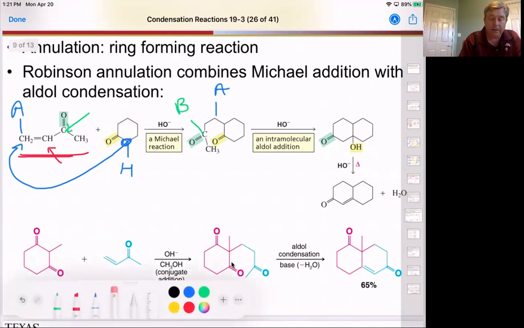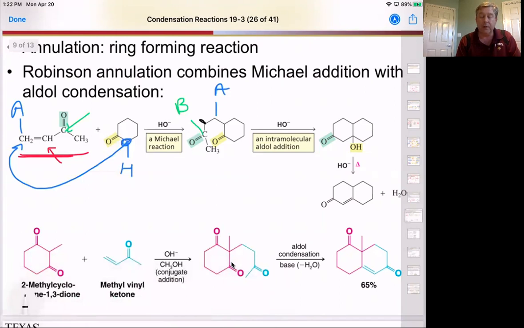Okay, so the key here is that we will be deprotonating this. This creates our first Michael addition product, which of course at the end of that, protonates at this alpha position here. Now we can do a couple other things. If we deprotonated here or here or here, nothing's going to happen because there's nothing close enough.